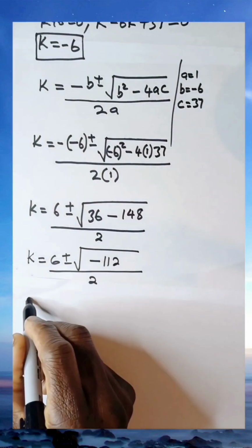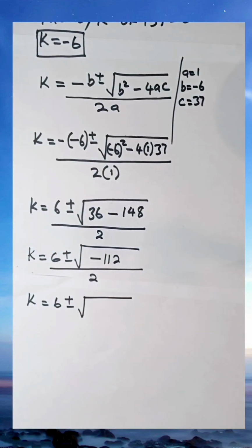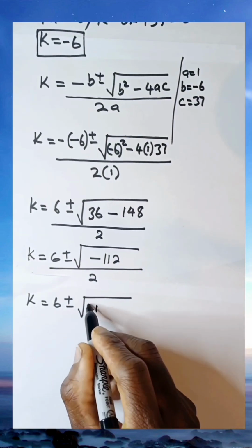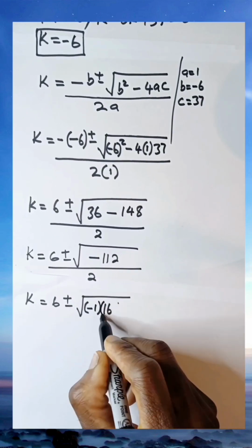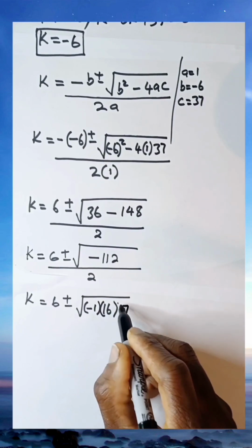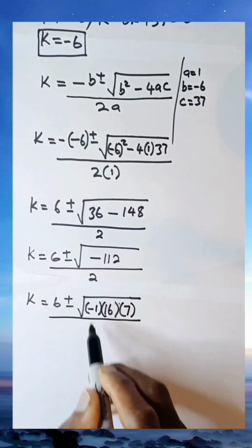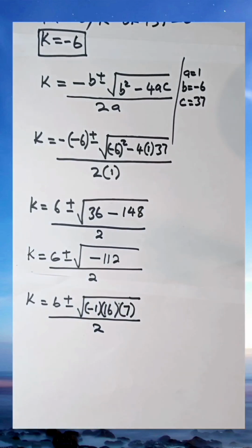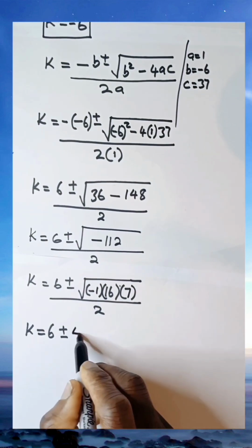So we will have k is equal to 6 plus minus. I am going to write minus 112 as minus 1 times 16 times 7, divided by 2. If we multiply this together, we have minus 112. Here, the square root of 16 will give us 4. So we will have 4 here.